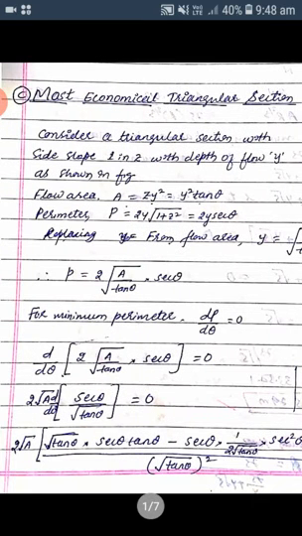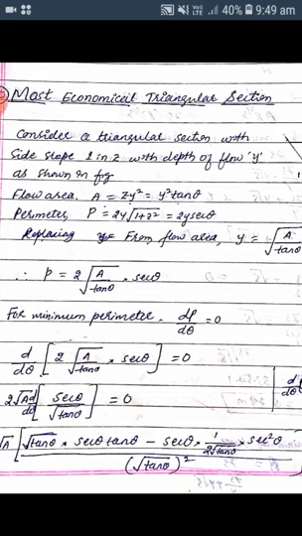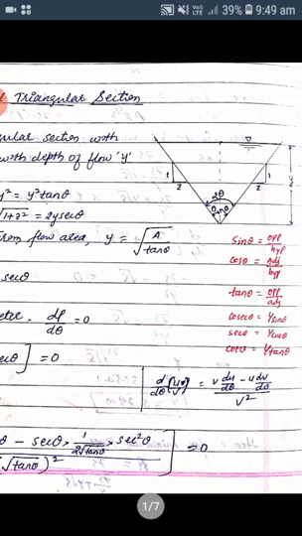Consider a triangular channel section with side slope 1 in z, means 1 vertical, z horizontal, with depth of flow y as shown in the figure. Just look at the figure shown here. The depth of flow is y and the side slope is 1 vertical to z horizontal.